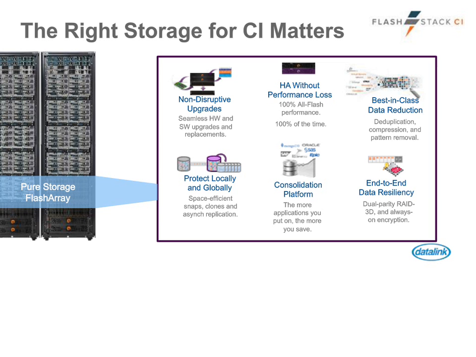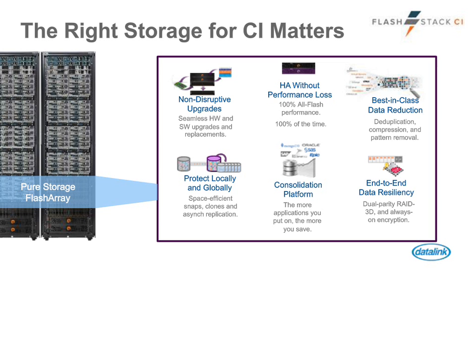We have implemented best-in-class data reduction. Our data reduction consists of a couple of different steps: from pattern removal to inline data deduplication, compression, and then on top of that, we also do deep cleansing of that data on the back end.